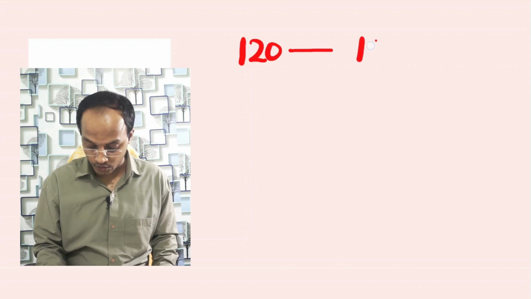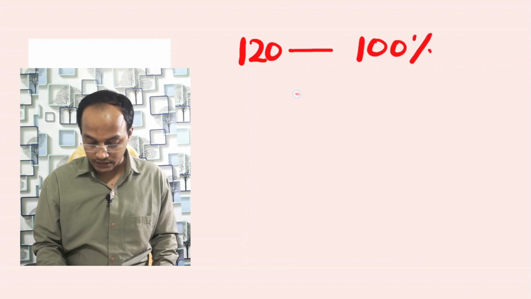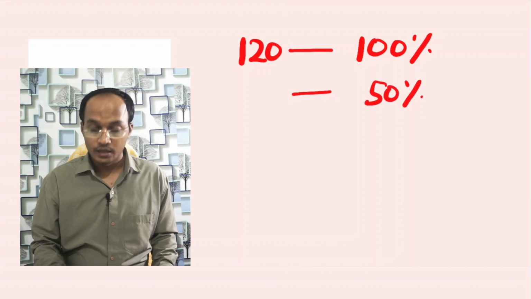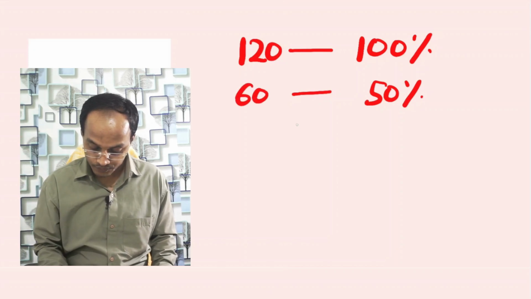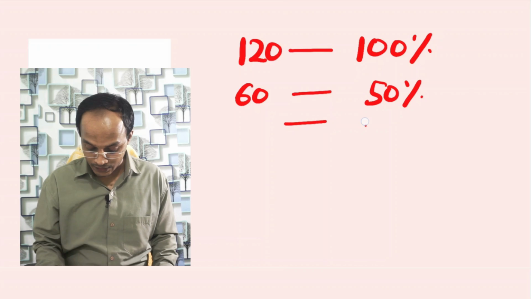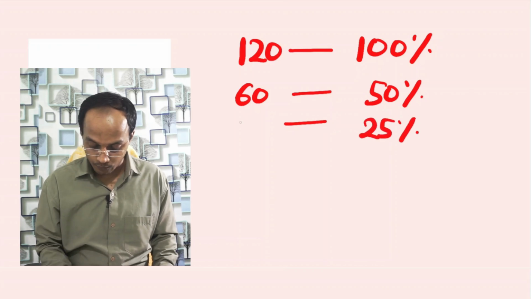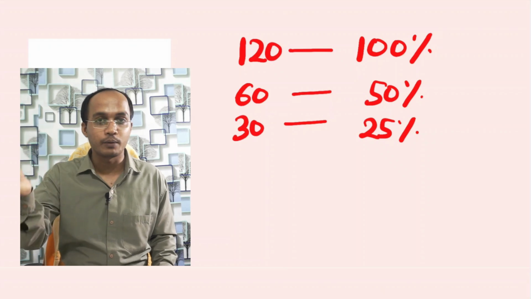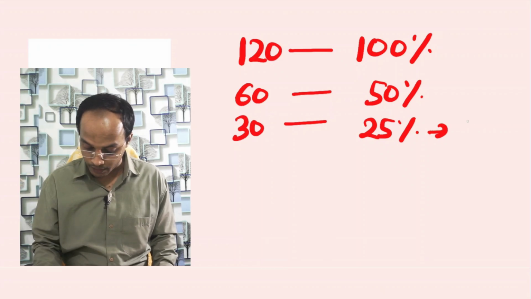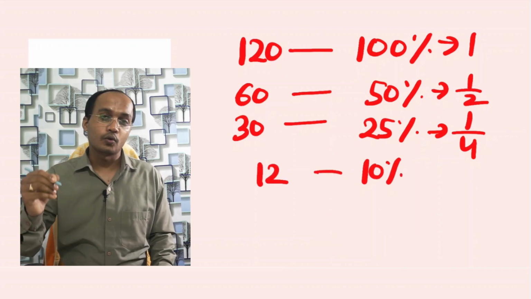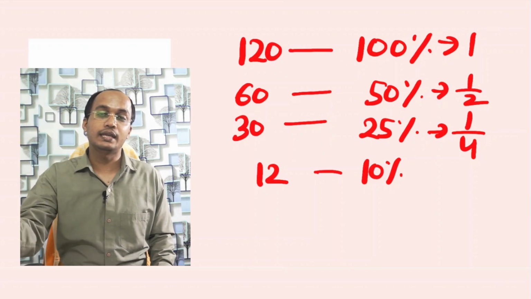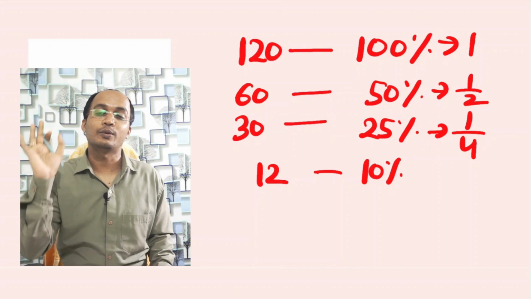If 120 is 100%, then what is 50% of this? 50% of any number means divided by 2. It will be 60. What will be 25% of this? 25% will be 30 because it is divided by 4. Then 10% will be 12. By this we can find any percentage without much calculation.